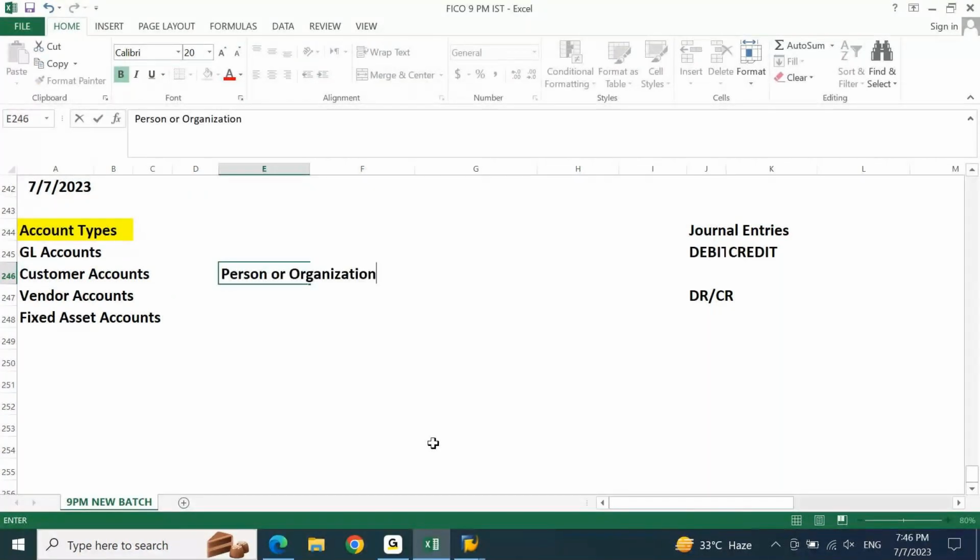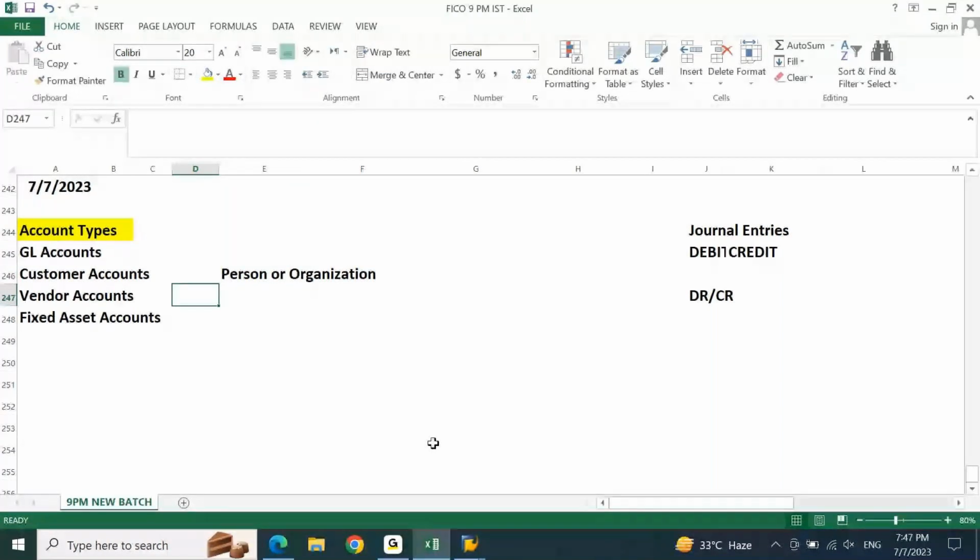In short, any name of a person or any name of an organization, I can call it a customer. Is there any possibility that, apart from a person or an organization, we can have anybody else as a customer?